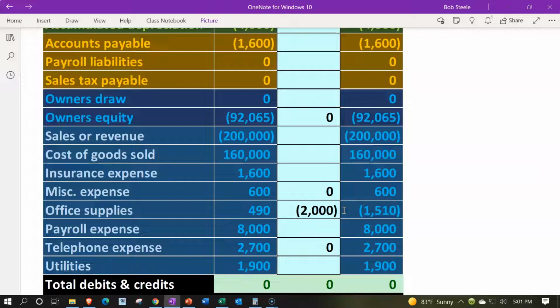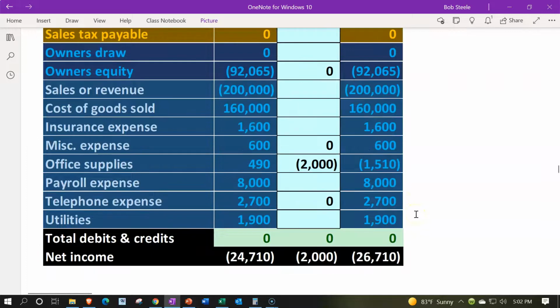The only reason it is happening here is because we're correcting for a prior period adjustment. That 2,000 that was in there last year was included in the office supplies rolled into the equity. We're not going to change it as of last year. We're going to reverse it in the current year because we don't want to do the prior period adjustment, because we closed last year and we're moving forward from this time forward. That's why we result in this negative expense account, which is a little bit odd.